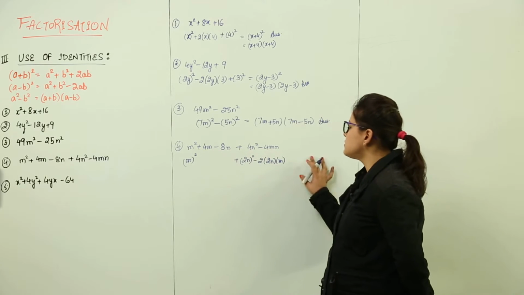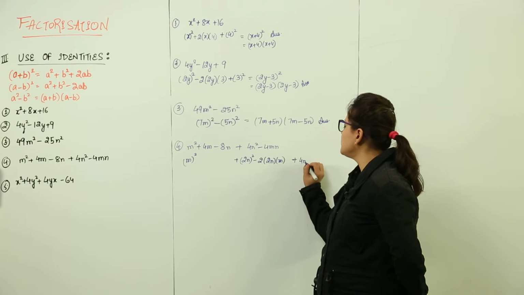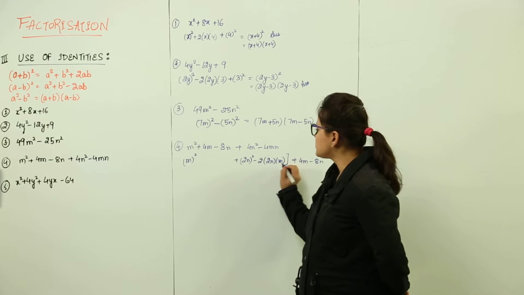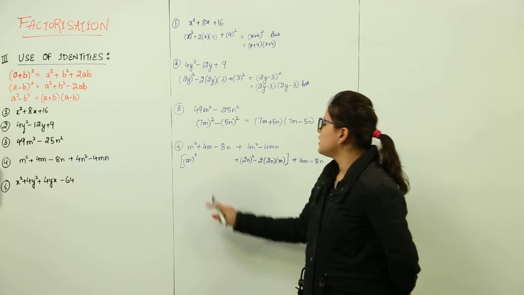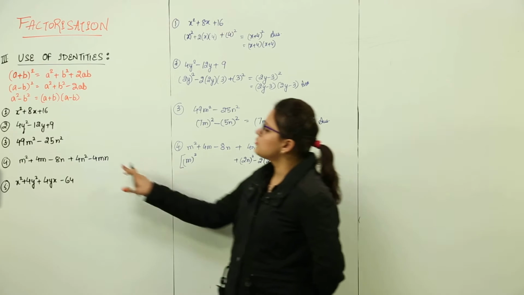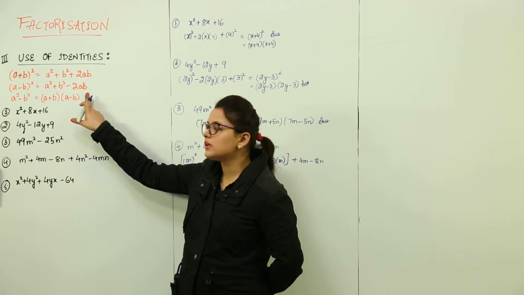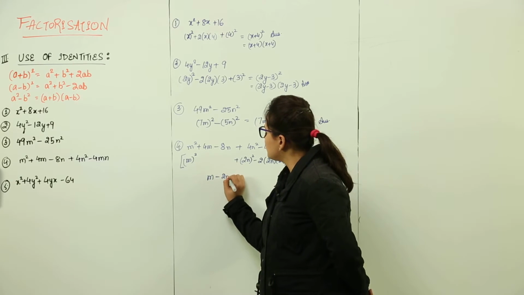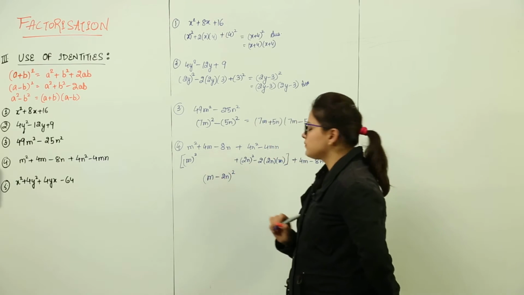We will take these terms separately because these are not to be solved right now. I have taken them separately. I will solve these parts first. m square plus (2n) square minus 2ab. This is equal to the second identity. So this solves out to be (m minus 2n) whole square, right?